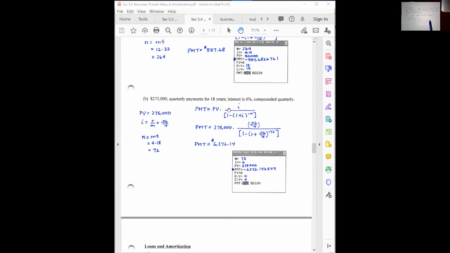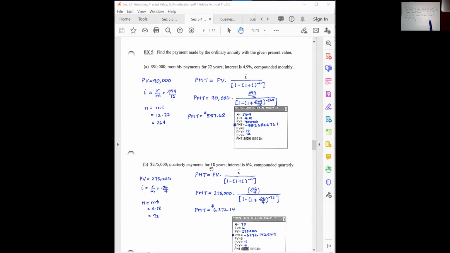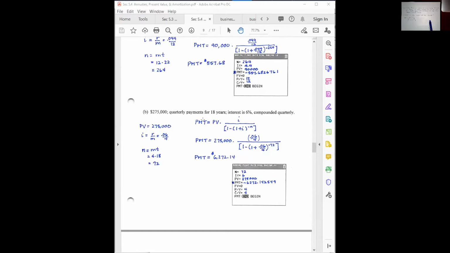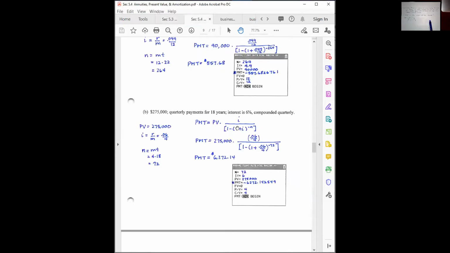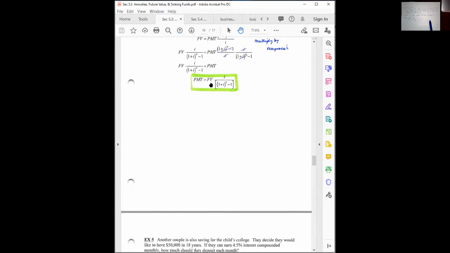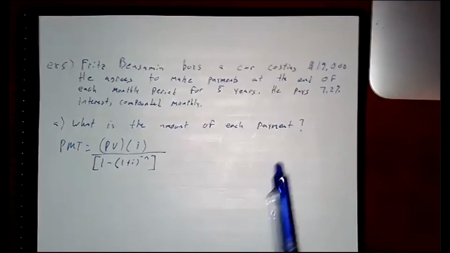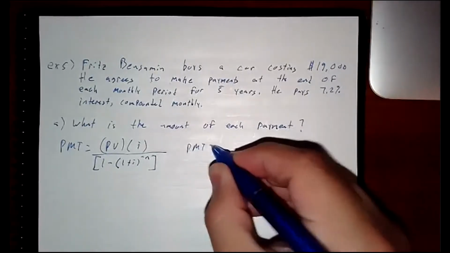So notice how this was derived from present value. I did some of these yesterday or on Tuesday, back with sinking funds. See how there's a different payment formula? It's almost the same, slight differences. So if you do not have a future value, but you have a present value, use this guy. If you have future value, then you're going to use this one. So I'm going to write down both here, even though I've written them already elsewhere.